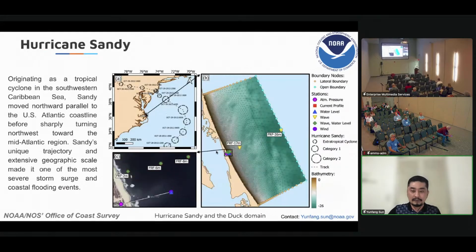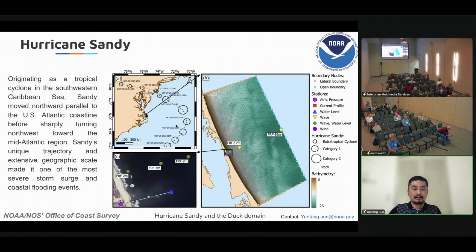And this figure shows our study domain and the DUCK region. This is the Hurricane Sandy case. Hurricane Sandy started from the Caribbean Sea and moved northward, parallel to the US Atlantic coastline.